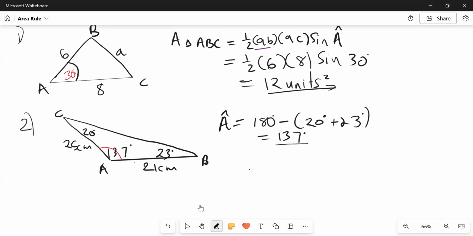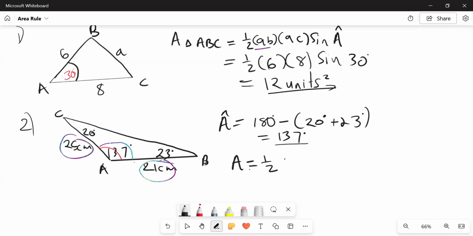So now, which means you have your included angle and two sides, right? So now we can start answering the question. Now we can say the area is equal to half, first side, that's 25, the second one, you have 21, and then sine, what is our included angle? 137 degrees.